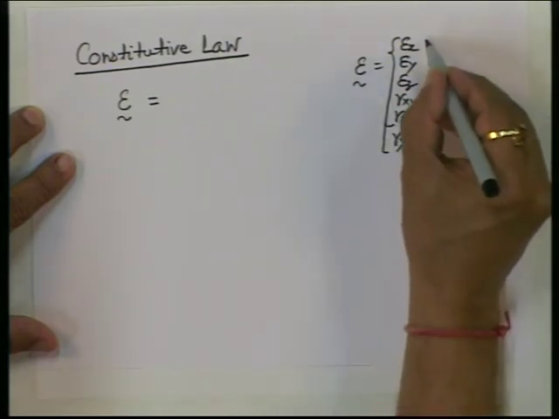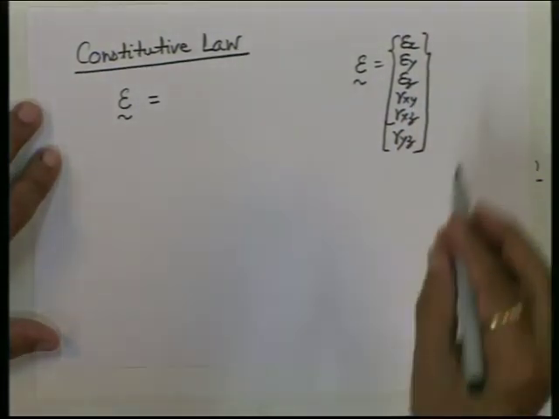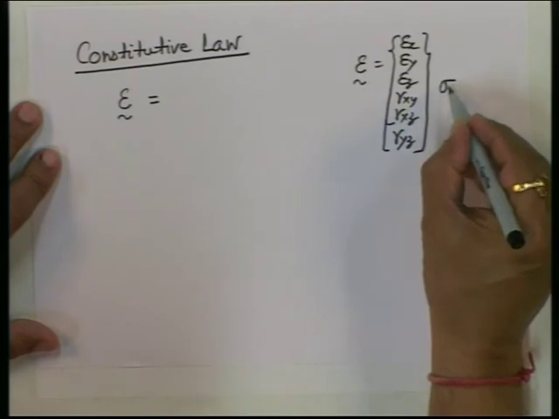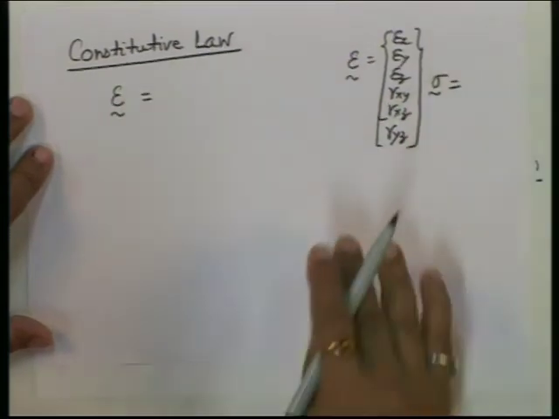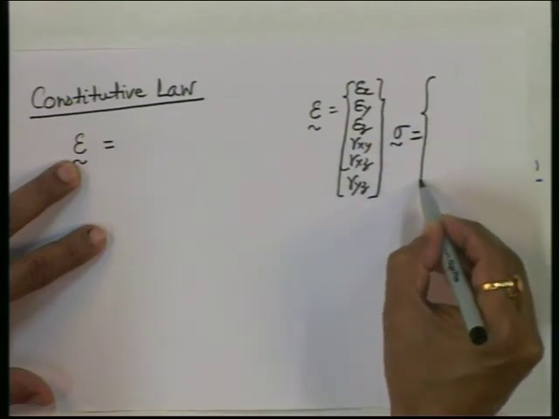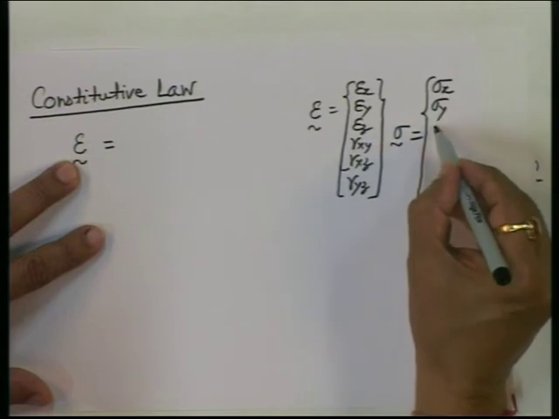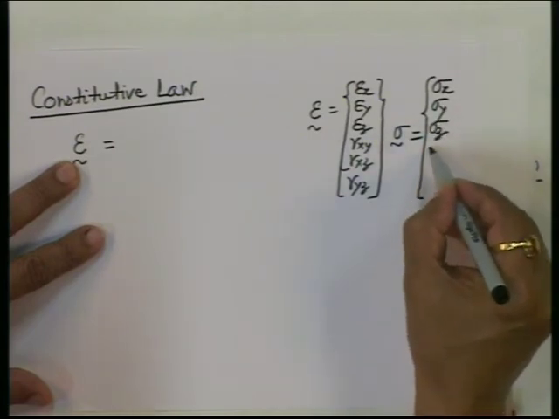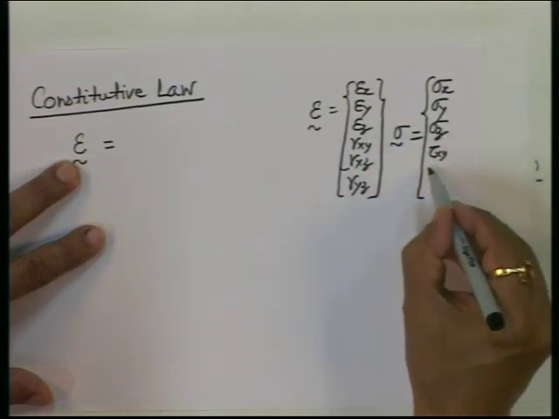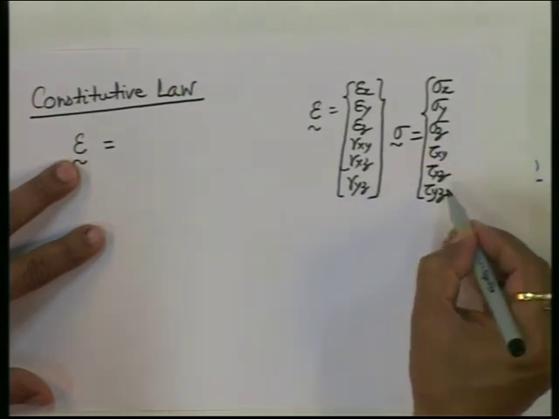These are the components of strain. So, we express them as a strain vector. Similarly, the stress vector, the corresponding stresses at any point, will be sigma x, sigma y, sigma z, tau xy, tau xz and tau yz.